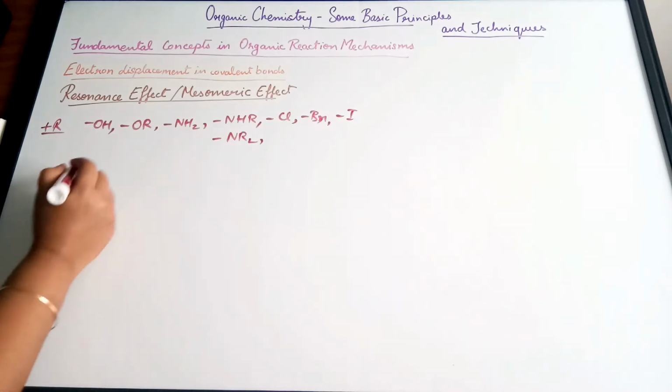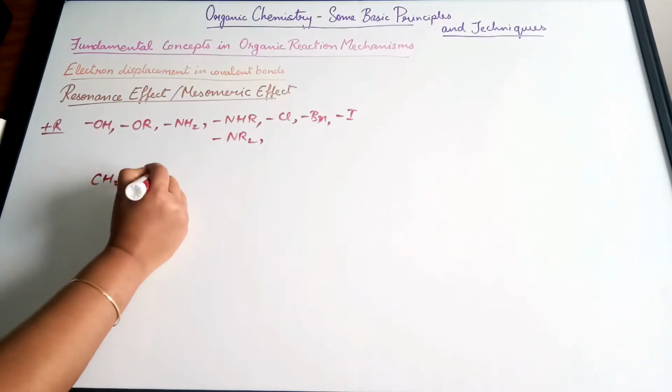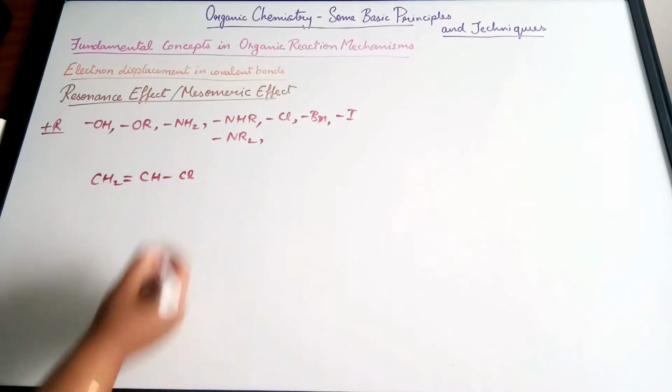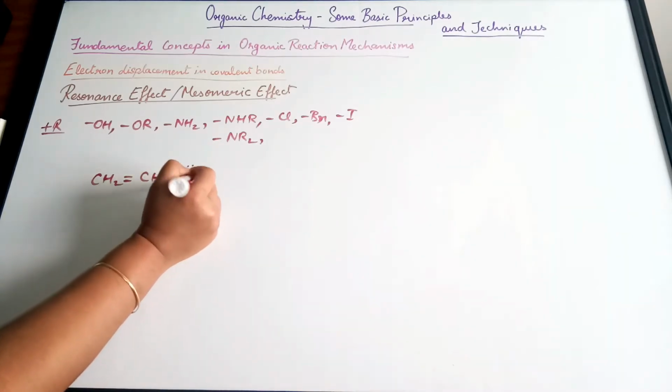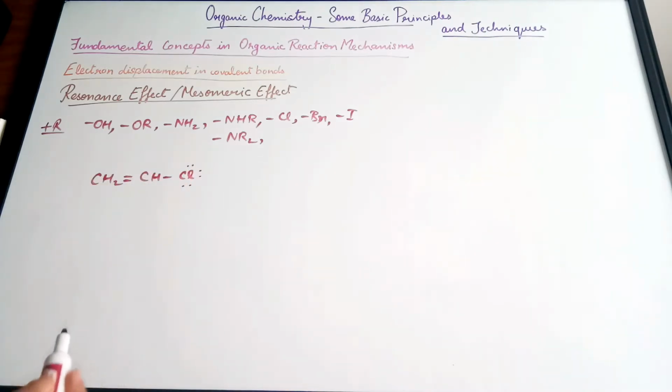Now let's assume you have a structure CH2 double bonded to CH, which is single bonded to a Cl. Now what happens is this has a lone pair of electrons, and resonance effect is shown by interaction between two pi bonds or between a pi bond and a lone pair of electrons of the adjacent atom.